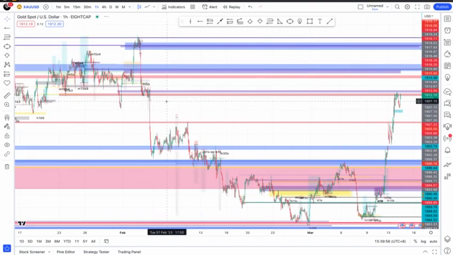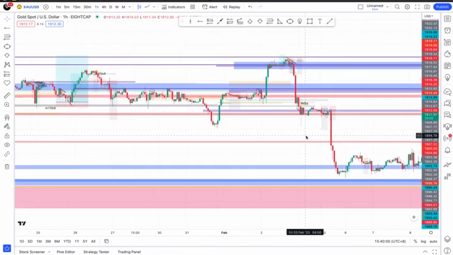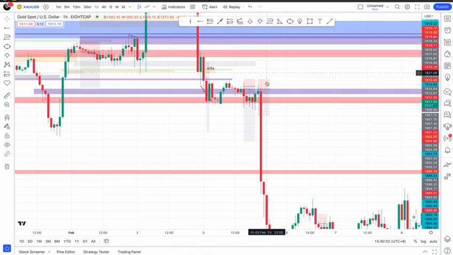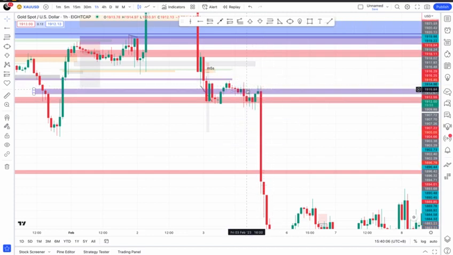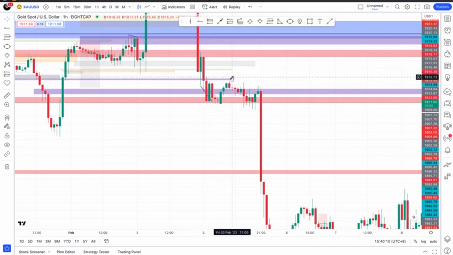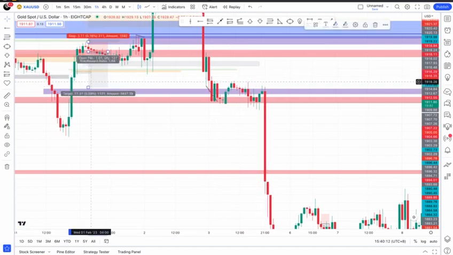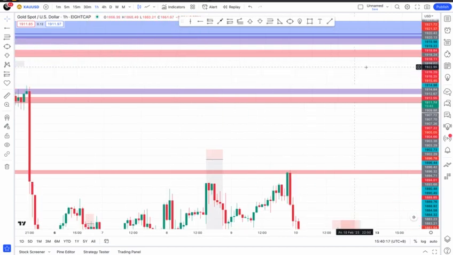Alright, so I have marked a few areas over here. These are M5, H1, M30 levels, but I do not want to take any sells yet around this area because I anticipate for price to actually move higher based on the structure that it's forming right now.